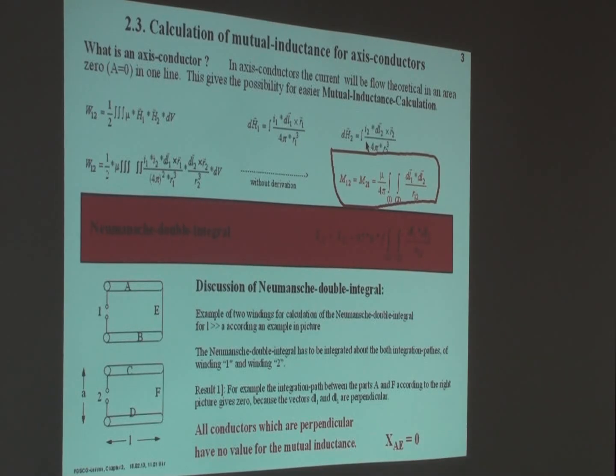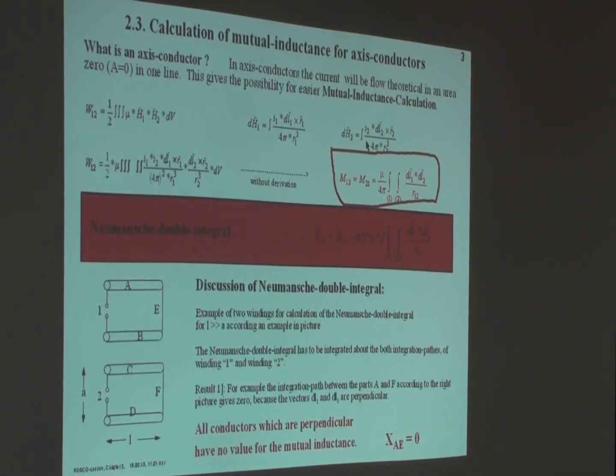Now we have to look here at what is positive and what is negative. This is zero, this is minus, that's zero, and we put the sign here too.